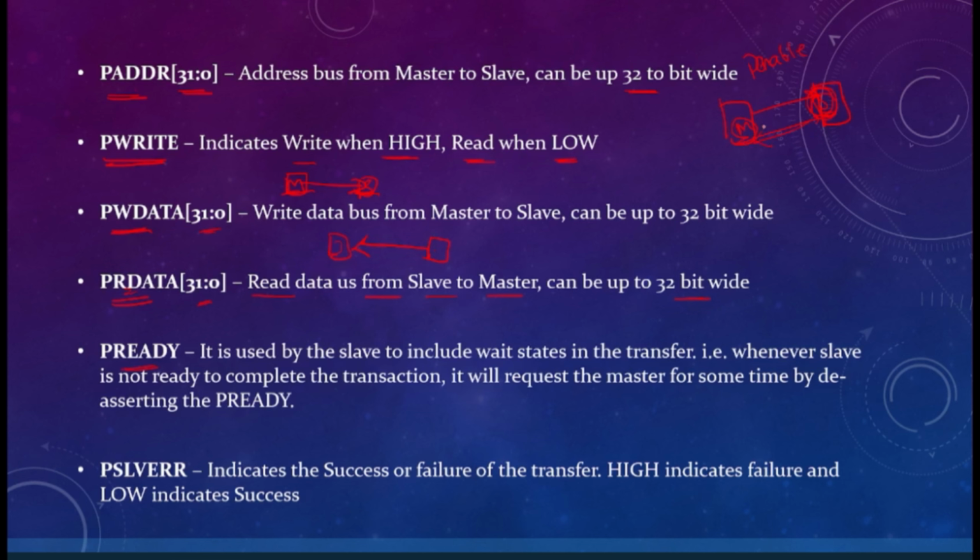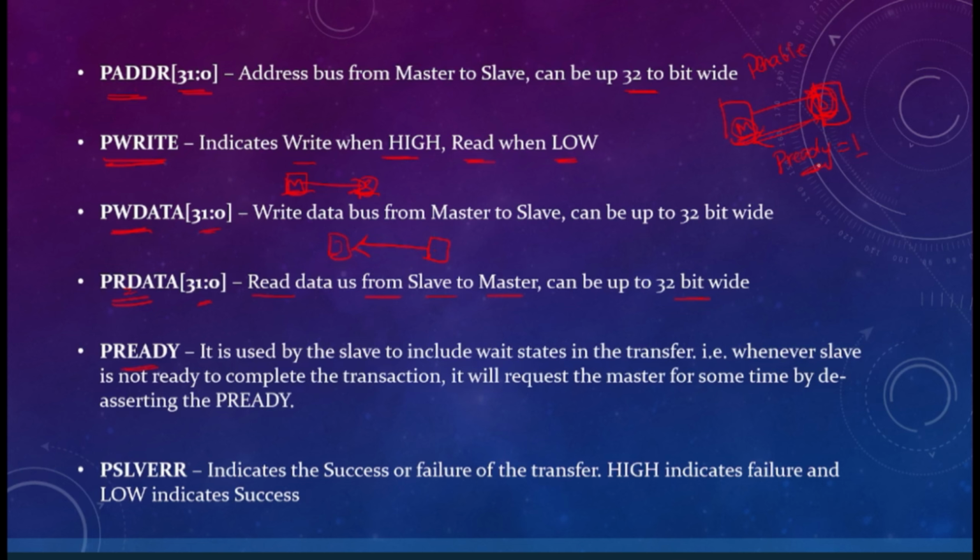It will give the master a response using the P ready signal. So when P ready is 1, that means the previous transaction the master sent to the slave is completed, and now it is ready to take another transaction, another packet of data.